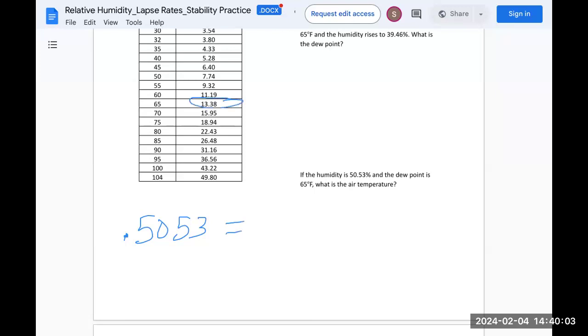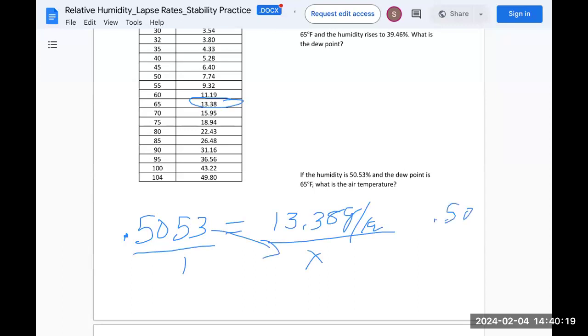Again, the air has 13.38 grams per kilogram. And I want to know how much the air can hold. So I'm going to cross multiply. So I would get 0.5053x equals 13.38. Divide both sides by 0.5053.